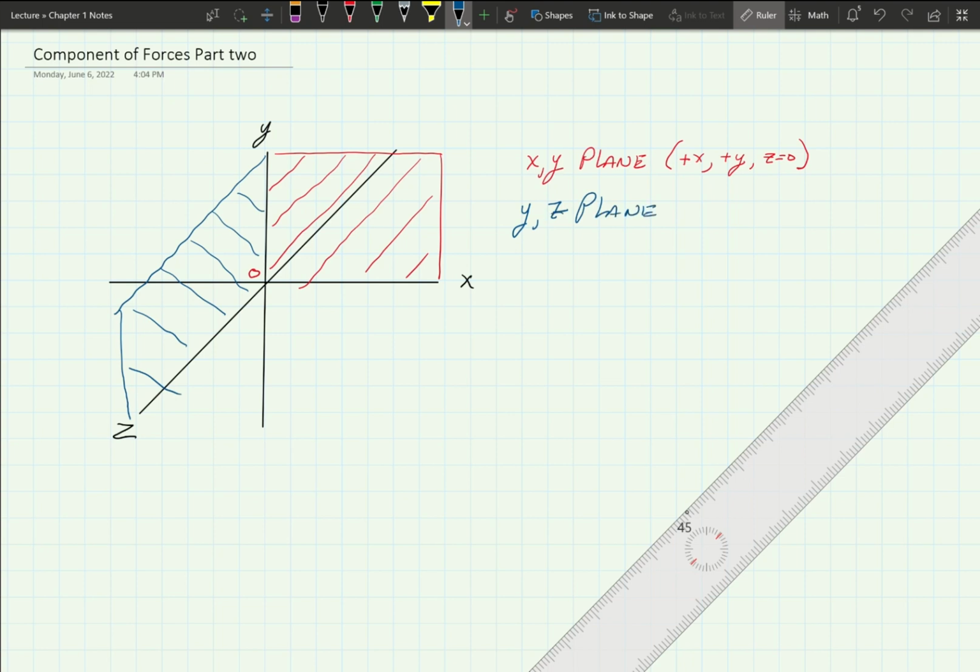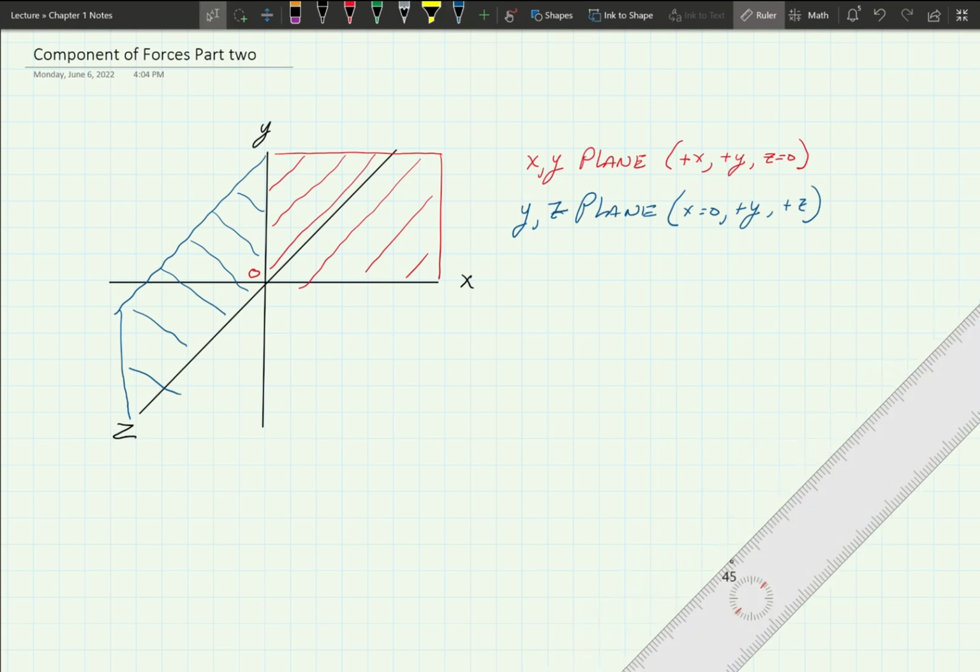Okay, and it'll have X equal to 0 with some positive Y and a positive Z value. Okay, now there could also be a negative out there if you want to go that way. Just keep that in mind. I'm only drawing on the front quadrants of this shape.